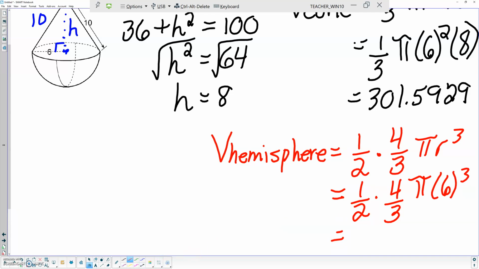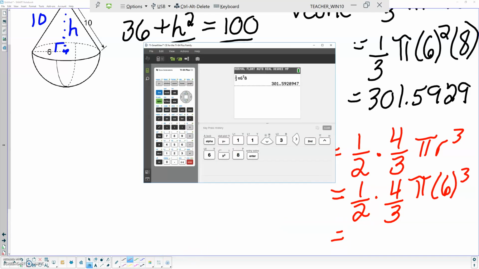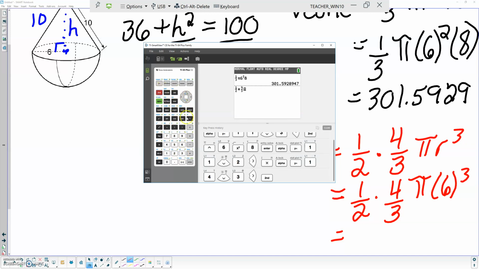We go back to our calculator and type this in: 1/2 times 4/3 times pi times 6 cubed.